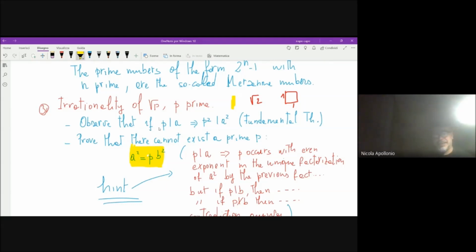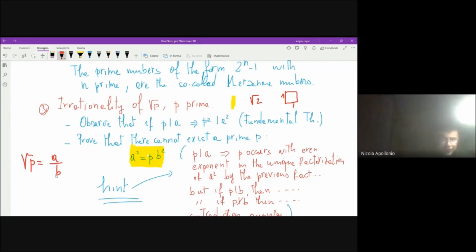So of course, the proof is by contradiction. If you assume that the square root of P is rational, you can express it as the ratio of two integer numbers, coprime integer numbers.